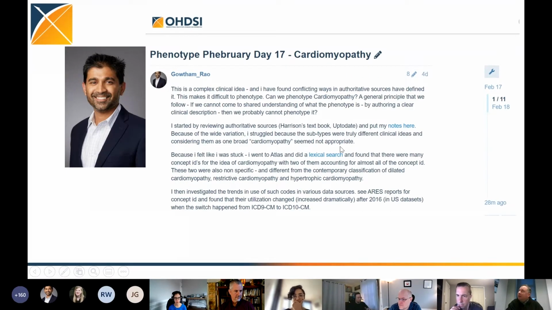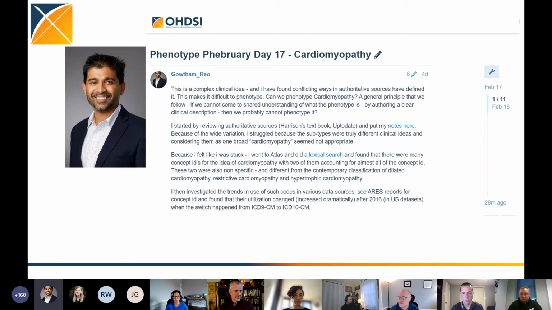And then Gautam, in ending your 4-day run of cardiovascular diseases, you tried to tackle cardiomyopathy. Do you want to share insights and fun facts there? Yeah. My understanding is that cardiomyopathy is not the cardiomyopathy the way we thought about it in the past. The contemporary definitions of cardiomyopathy are different from historical definitions. That's important because in the last few years, we have hypertrophic cardiomyopathy, restrictive cardiomyopathy, and dilated cardiomyopathy, but in the past there were various other subtypes.